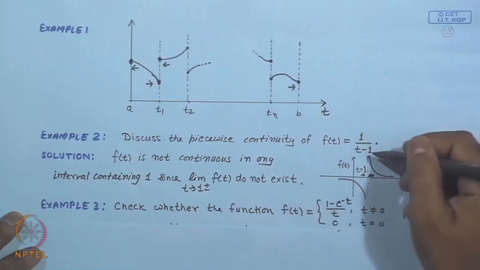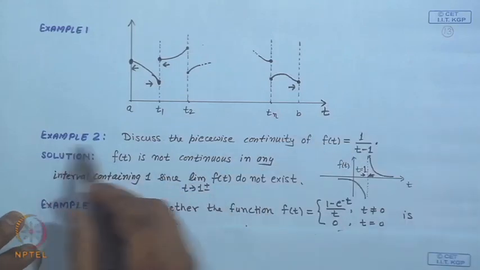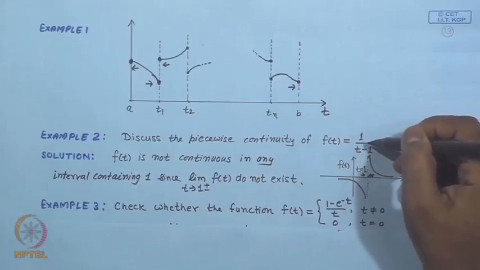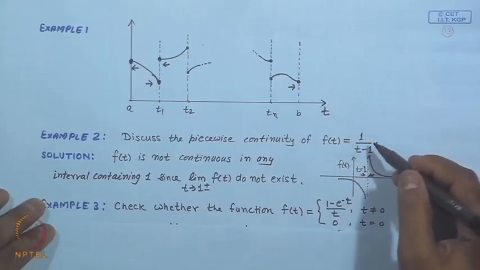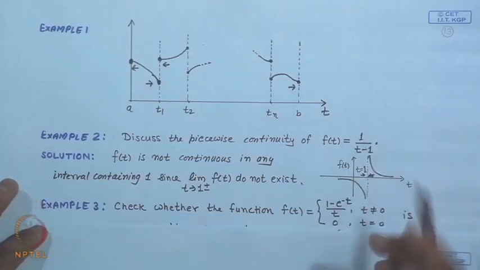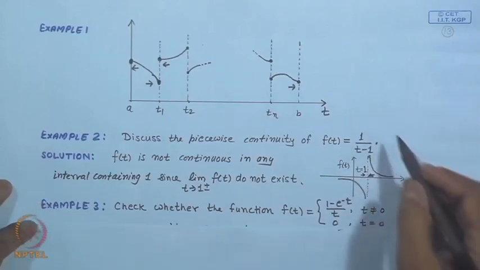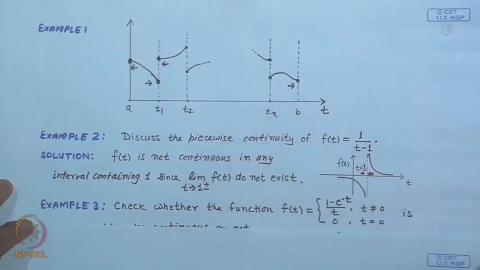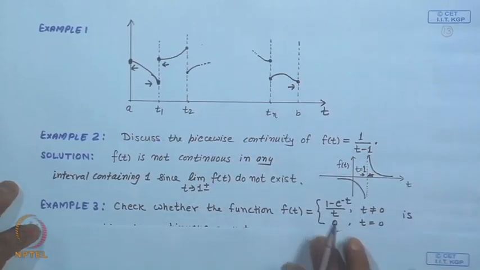Just to note, going back to this example 2, the function written in this form is not defined at t equal to 0. So we need to define it at t equal to 0. We can set this function to 0 at t equal to 0, and then discuss the piecewise continuity.